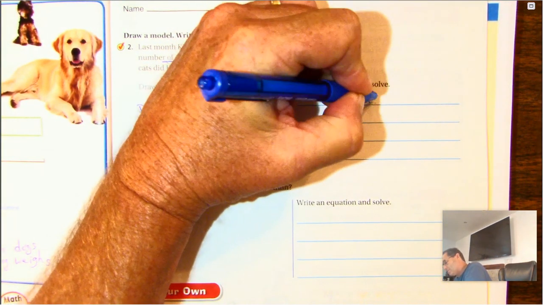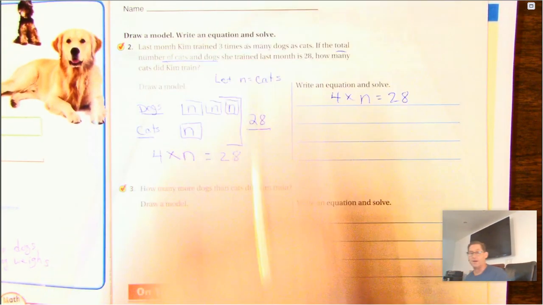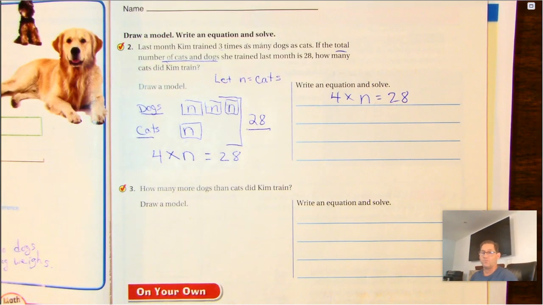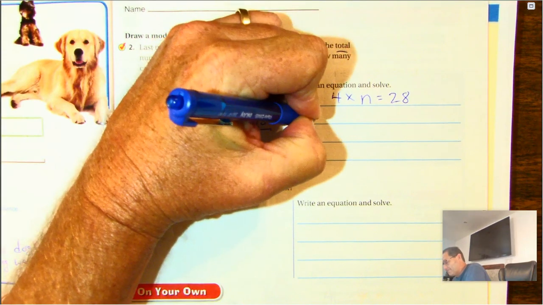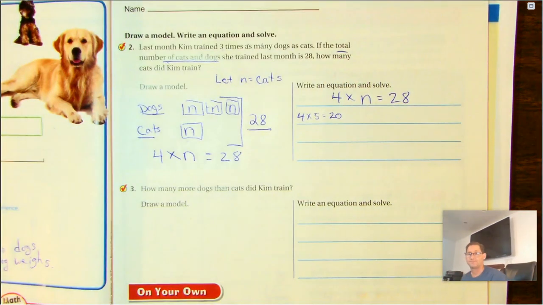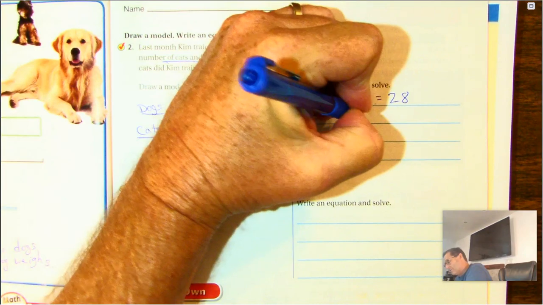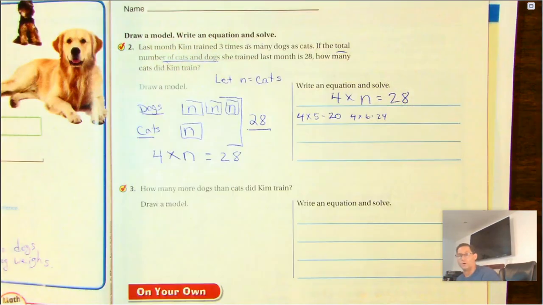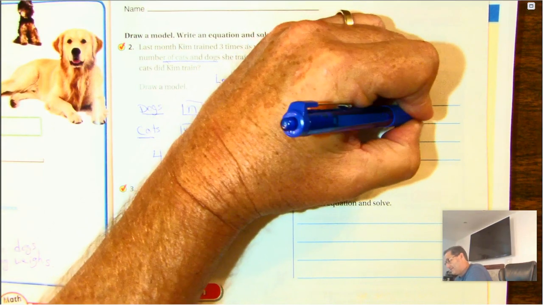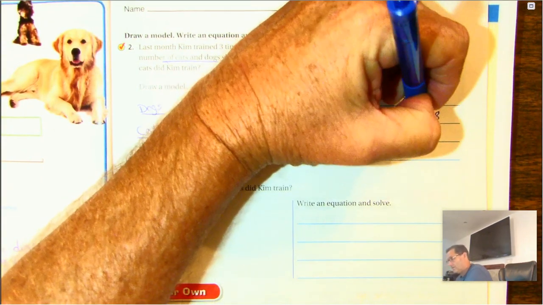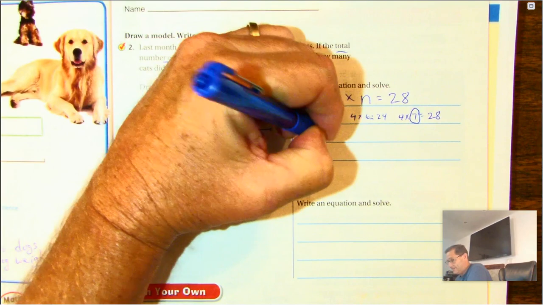So we drew our model, and now it is asking us to write our equation. So 4 times some unknown number is 28. So 4 times what is 28? 4 times 5 is 20. 4 times 6 is 24. And 4 times 7 is 28. So n equals 7.